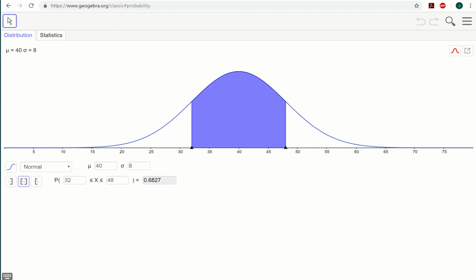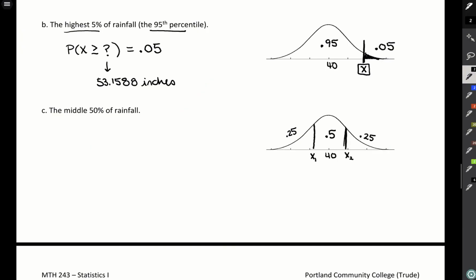It locks because a middle, kind of 50% between two values can happen anywhere. If I move this around enough, I could get close to 50% here, but it wouldn't be symmetric. So making an area between two values doesn't guarantee it to be symmetric about the middle. You can make 50% happen anywhere on this graph. So that's where we need to get a little creative with these areas.